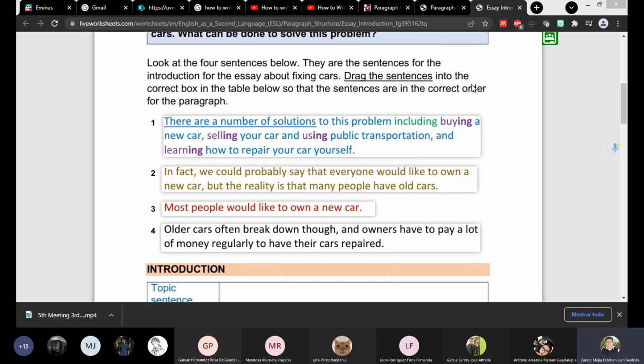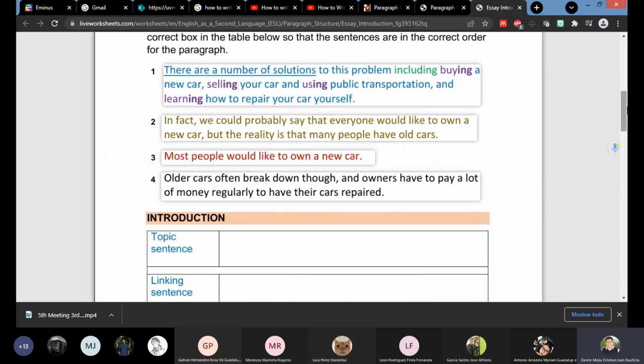Could you guess? Regularly, and owners. All right, but more specifically at the beginning, older cars. So now, sentence number 4 is giving characteristics, describing the characteristics of older cars.